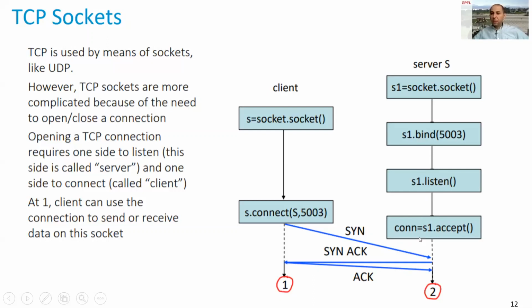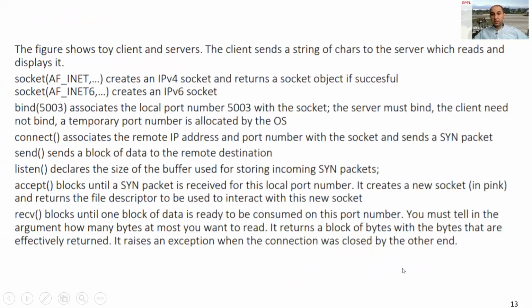Why do we need two sockets? This new socket is created to communicate with this client, because this client sent a SYN packet to the server S. The server S will acknowledge the SYN packet, and then the client will acknowledge the acknowledgement.